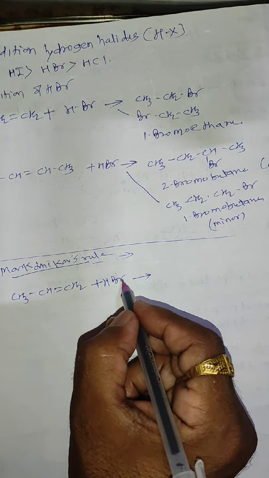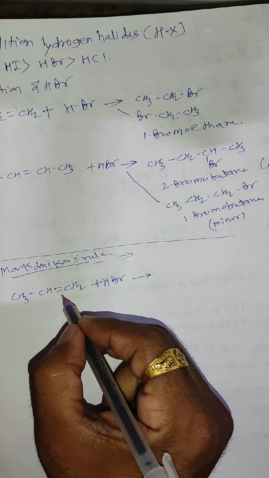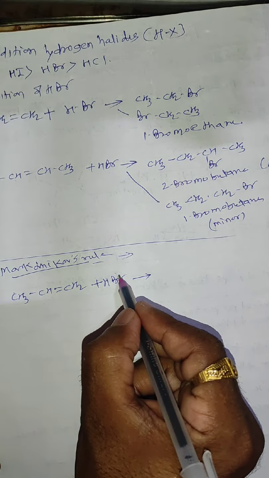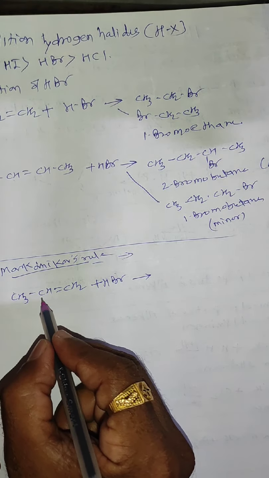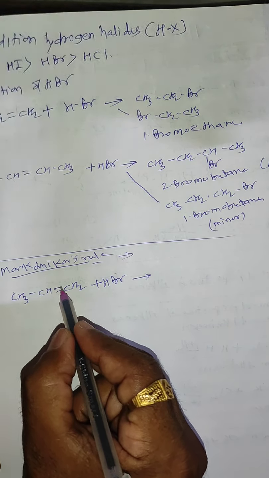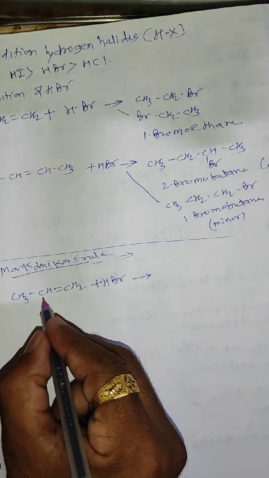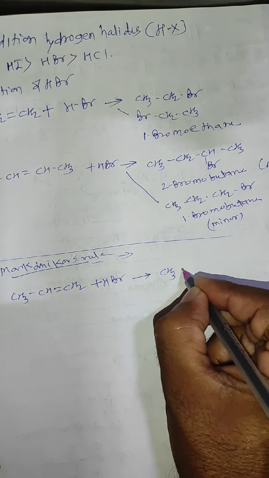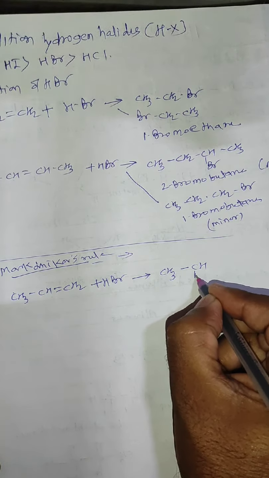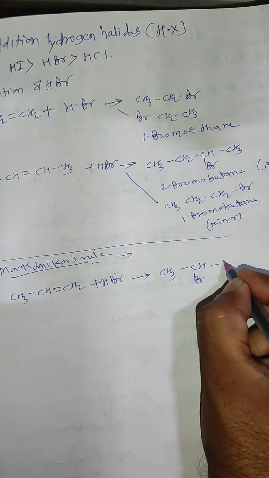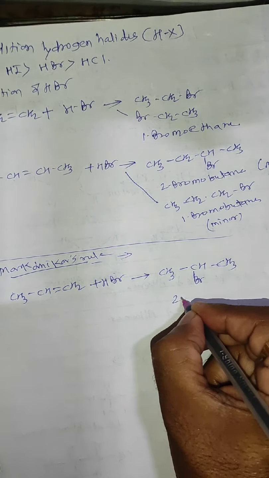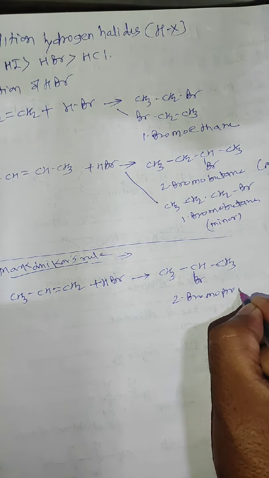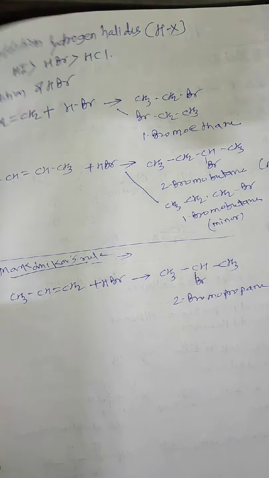So this HBr is added to the unsymmetrical alkene in such a way that the negative part, the Br minus ion, goes to that carbon of the carbon-carbon double bond which has the lesser number of hydrogen atoms, to form CH3CHBrCH3, 2-bromopropane.